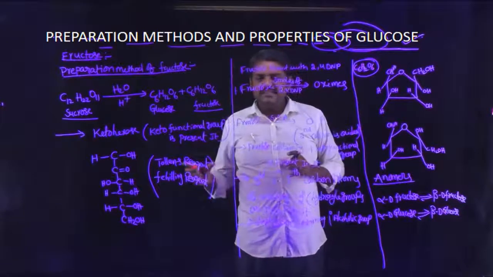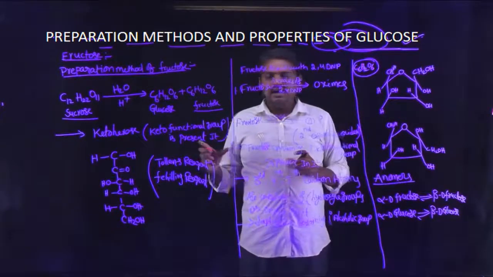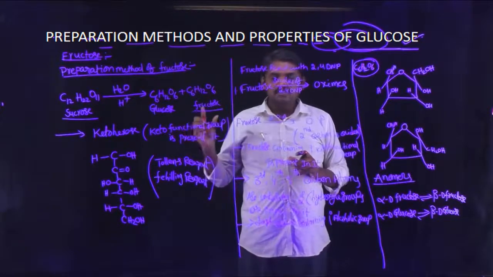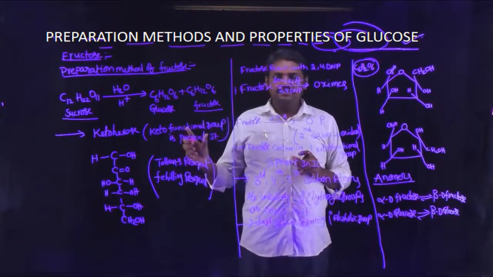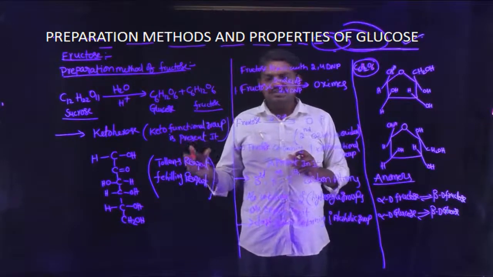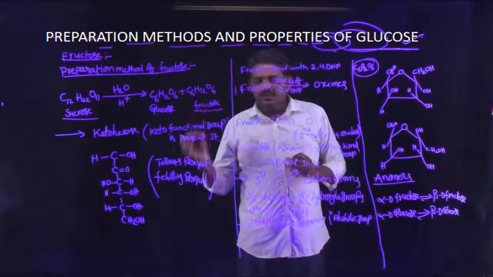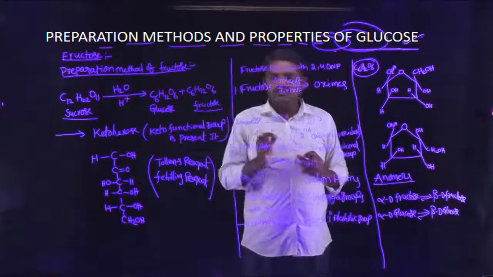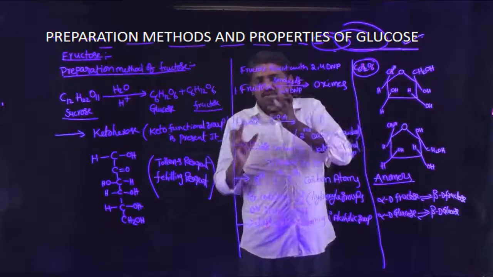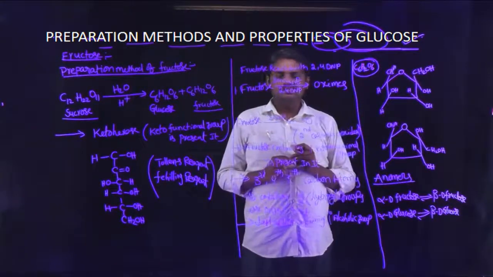In a previous class I discussed the structure of glucose, the pyranose form of glucose. That structure is clearly observed. For alpha D glucose and beta D glucose, the total structure is the same, but the configuration differs.